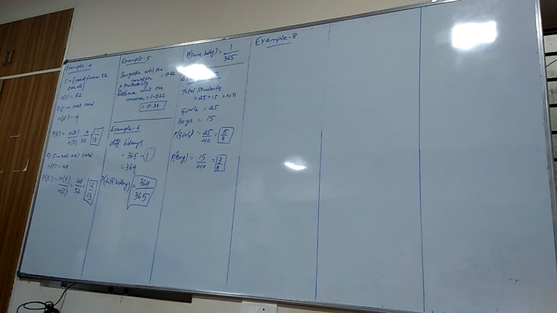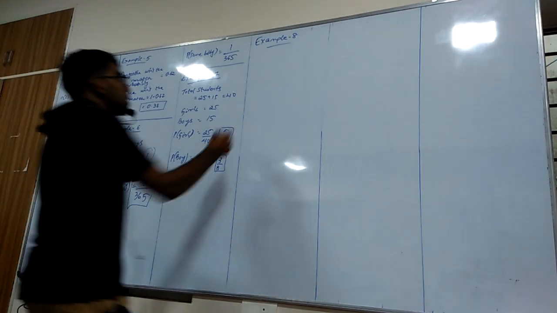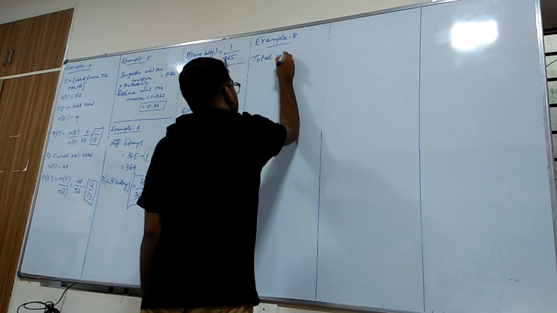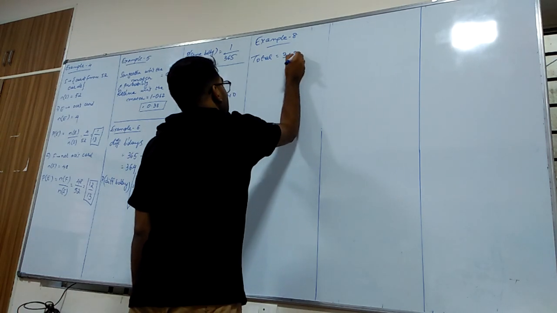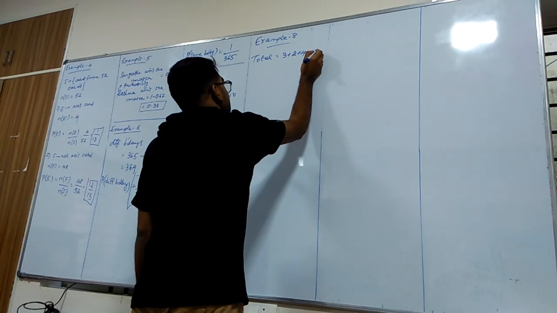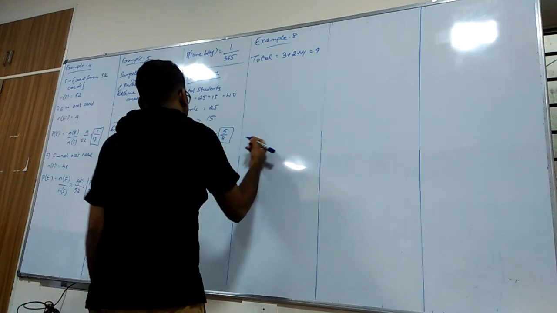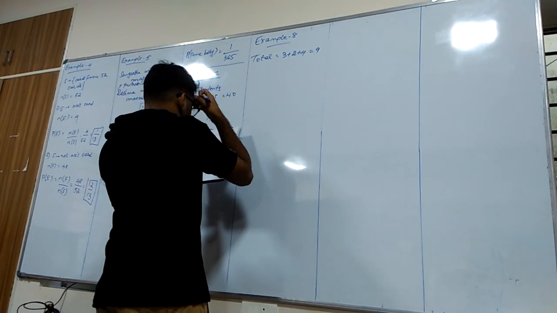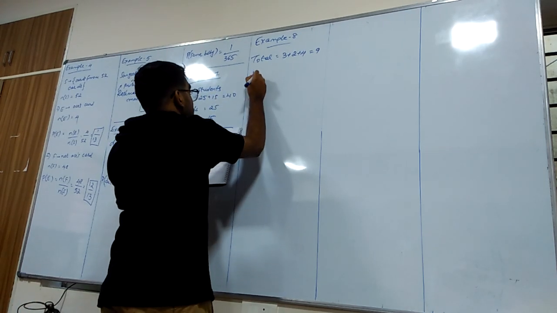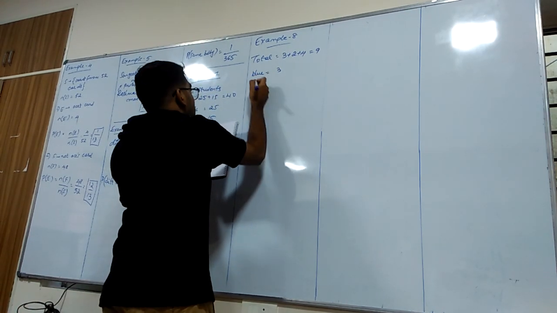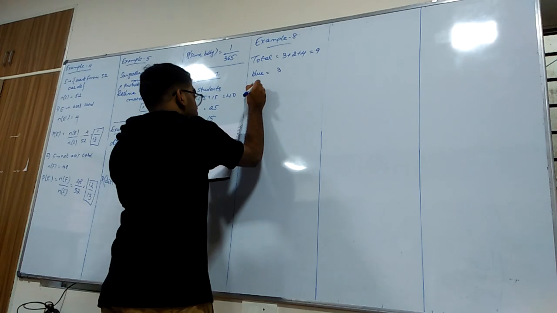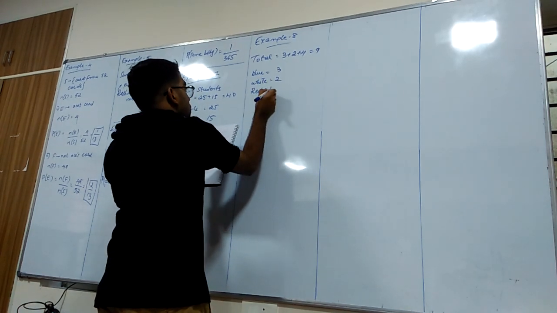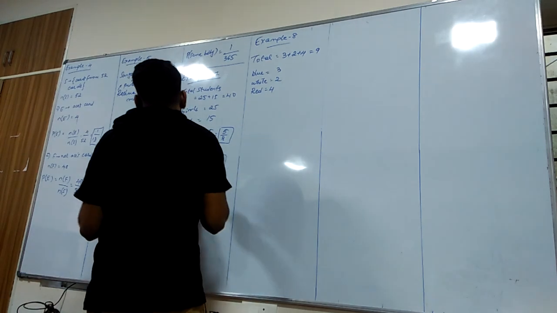So total number of marbles is 3 plus 2 plus 4, which is 9. How many blue balls? 3. White balls? 2. Red? 4.